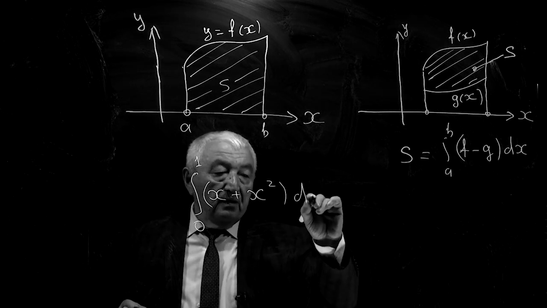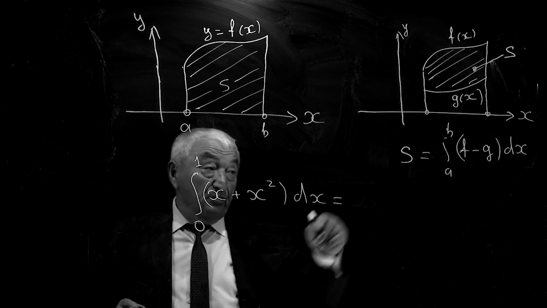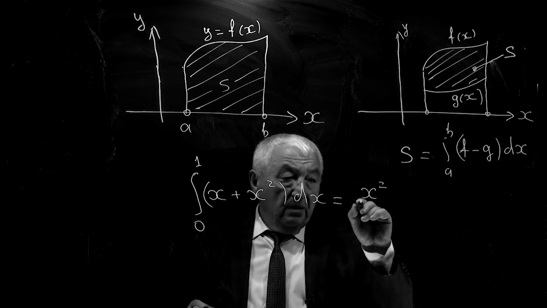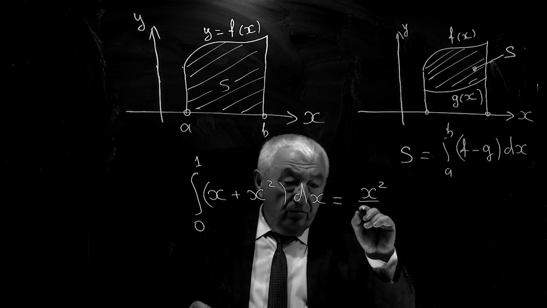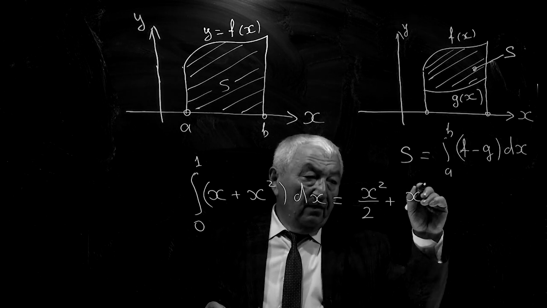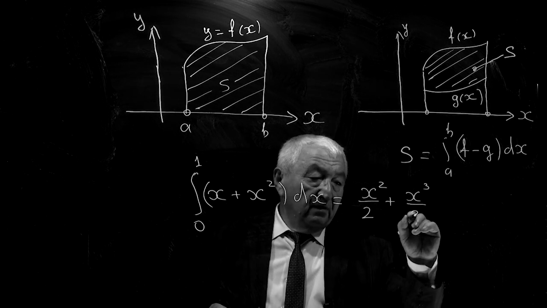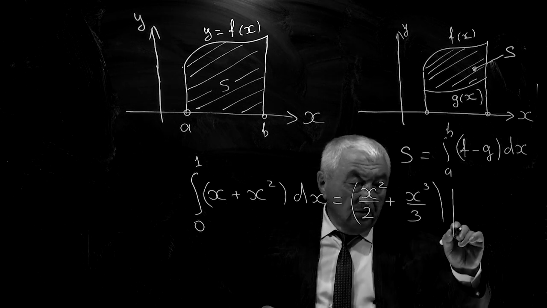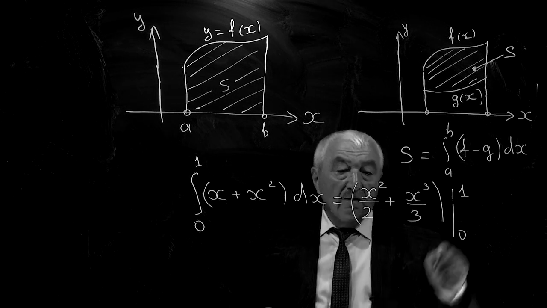Integral of x plus x to the second power dx. No problem. Integral function here: x to the second power divided by 2 plus x to the power 3 divided by 3, between 0 and 1. Why?